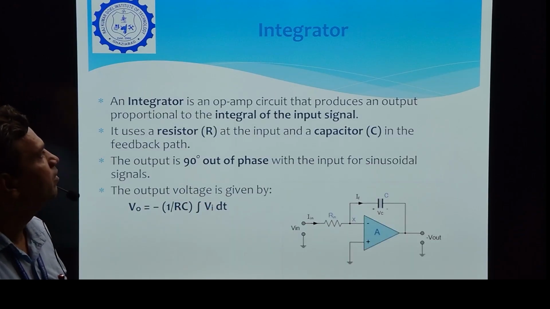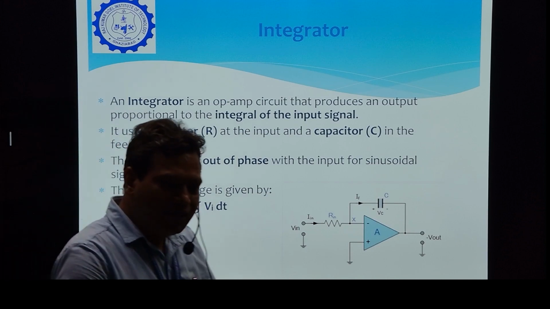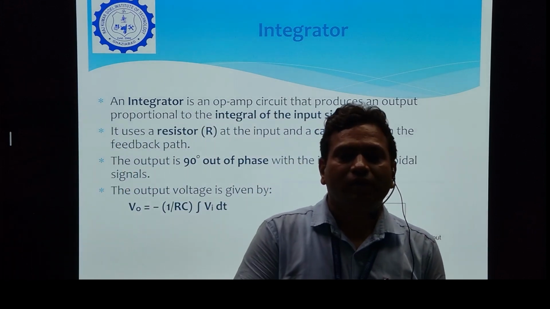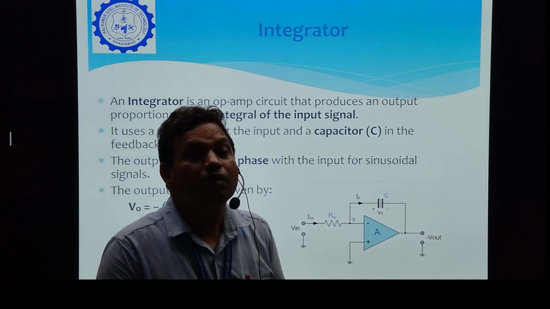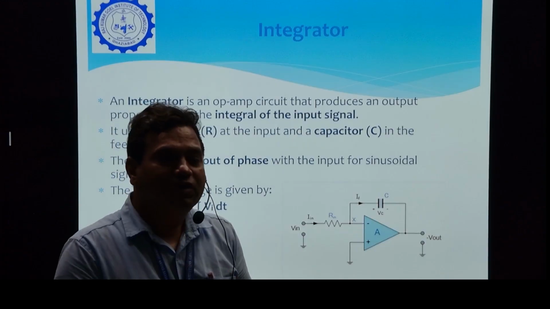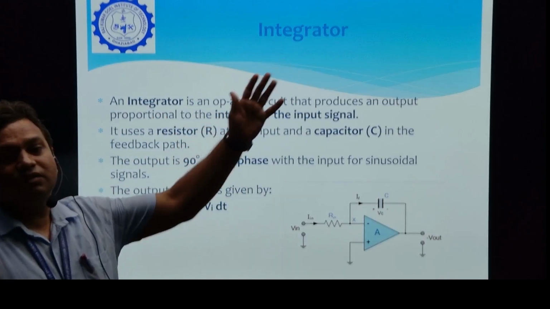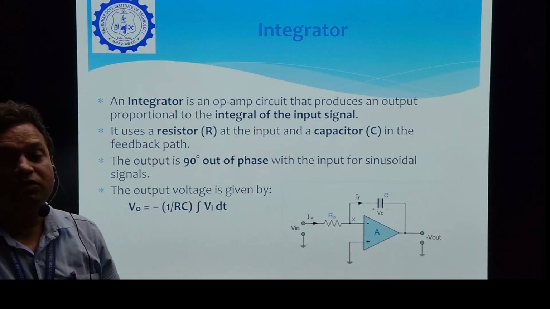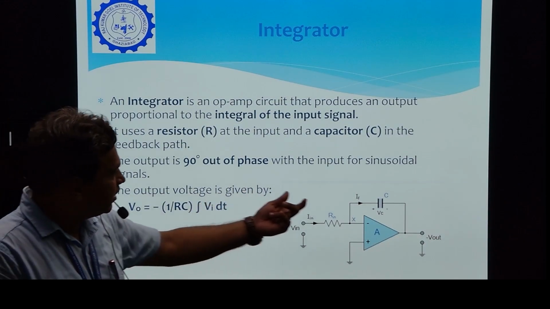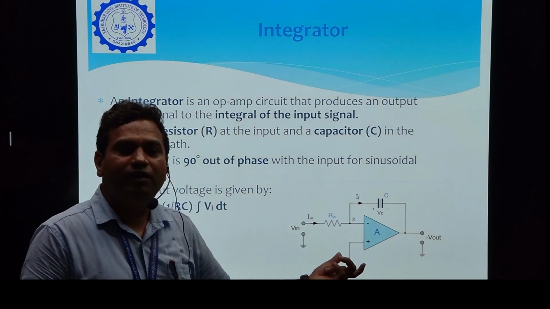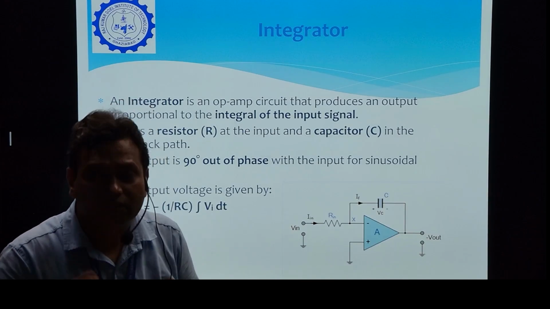Next is the integrator circuit. As the name is operational amplifier, it performs some mathematical operations also with the combination of amplification. Integration is another mathematical operation, and the circuit used to perform mathematical integration is known as the integrator circuit.